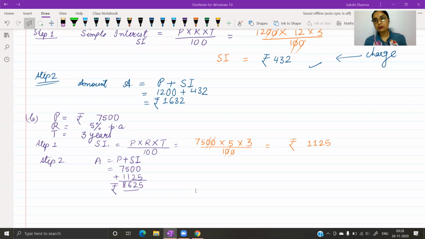Now, how the person wants to return depends on him. Usually banks give the option to return the loan in installments.